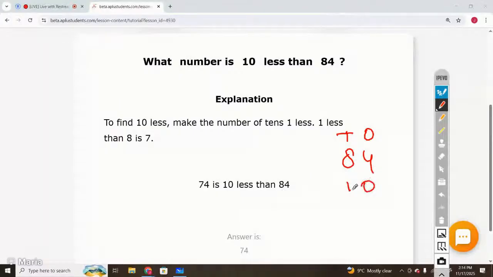Just subtract 1 from the tens digit, right? 4 take away 0 is 4, and 8 take away 1 is 7. 74 is 10 less than 84, right? 10 less than 84 means you need to subtract from the tens digit only.